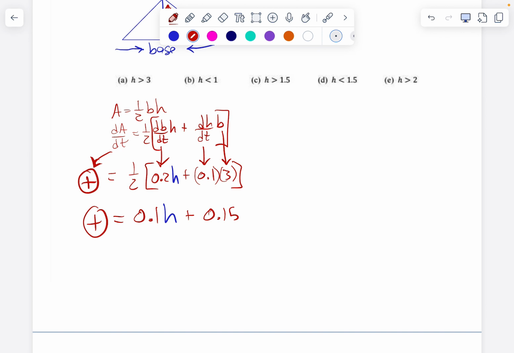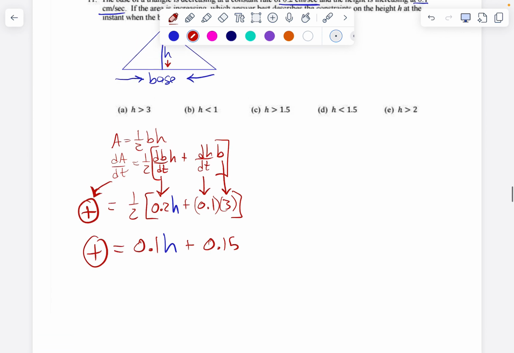I'm just looking at our options. In your answer sheet, you set it equal to 0. Well, that's because that's where it transitions, you know what I mean? From positive to negative.